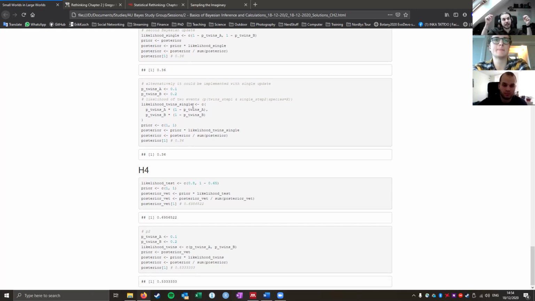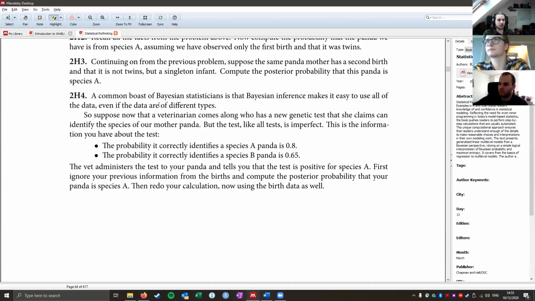And we want to know the likelihood for this path given that it's species A, which is 0.1 times 0.9. With the path twins single for species B, we would calculate 0.2 times 0.8. So that would be the likelihood for this observed path for each respective species. And then we can just set uninformative or uniform priors, calculate prior times that combined likelihood, and get our posterior with 0.36.